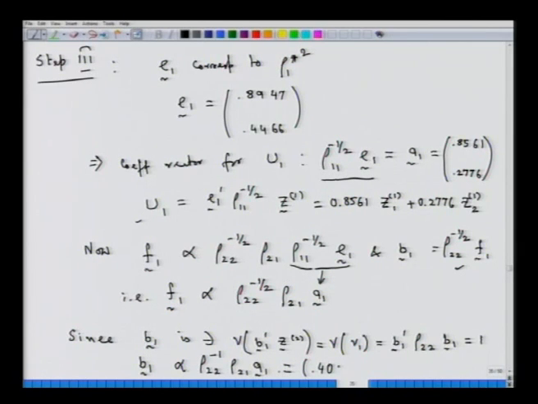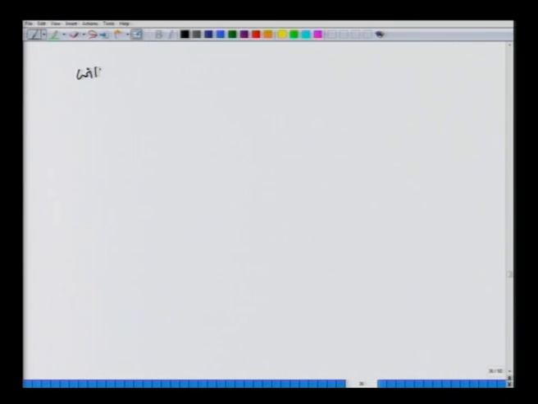So this is 0.4026 and the second entry is 0.5443, transpose. So this B1 turns out to be this. Now we will normalize this with B equal to this previous vector 0.4026, 0.5443. We will have B prime rho 22 B, and this numerical value turns out to be 0.5460.